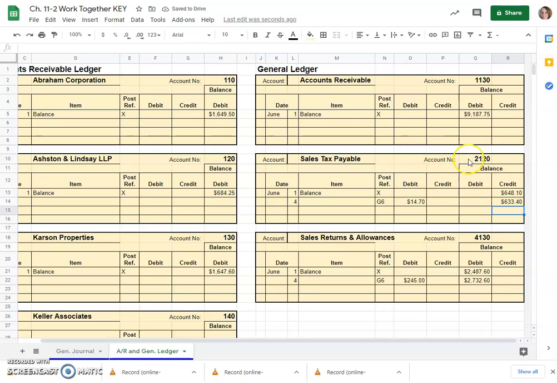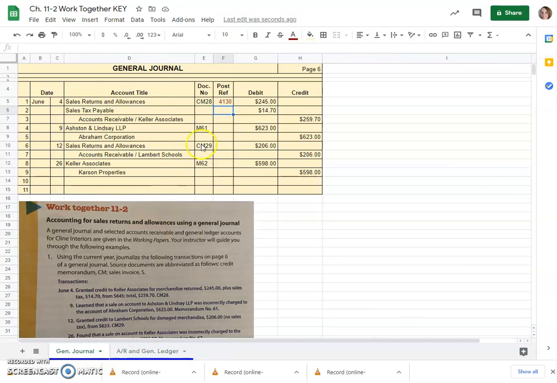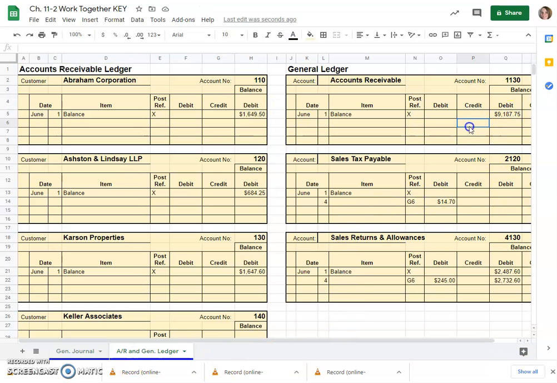And account number 2120. And now we have accounts receivable, credit of $259.70, still G6, and still the entry on the 4th. And so our new debit balance is the previous balance minus this credit, account number 1130.